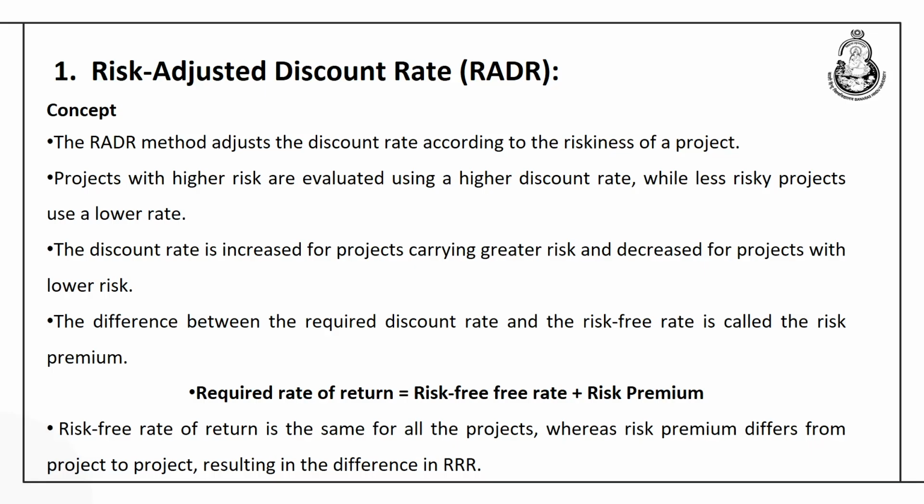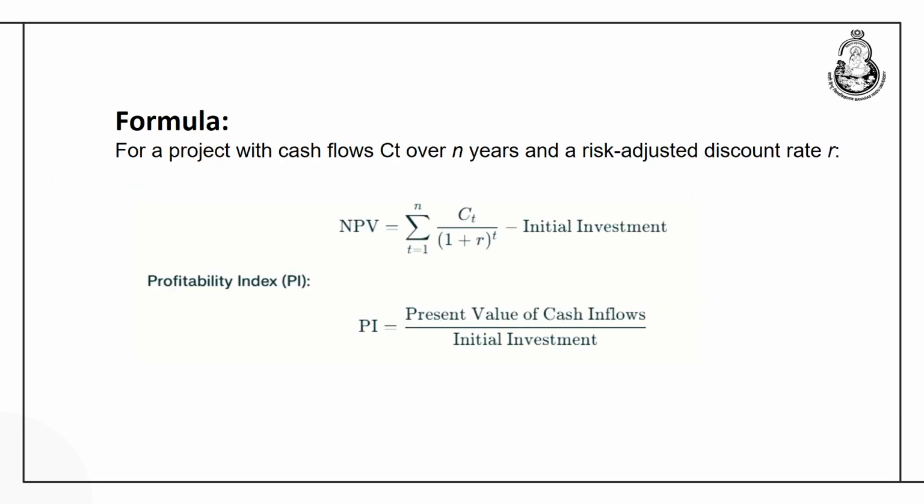And the difference between the required rate of return, that is the RRR, and the risk free rate is known as the risk premium. In simple words, risk premium is the compensation to the investors for assuming the higher risk in a project where they are investing their funds.